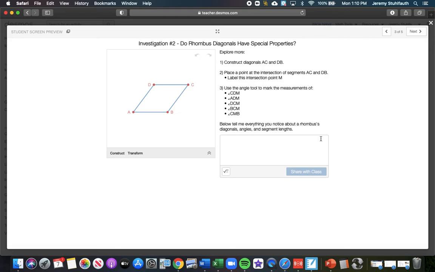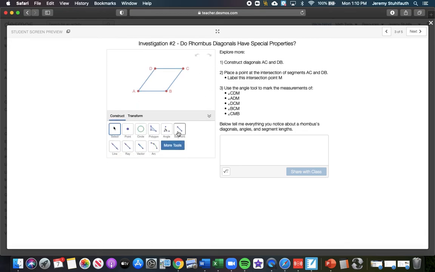We have this rhombus here, and we're going to construct diagonals AC and DB. If we construct diagonals AC and DB, we get something that looks like this. And we're going to label their point of intersection as point M.